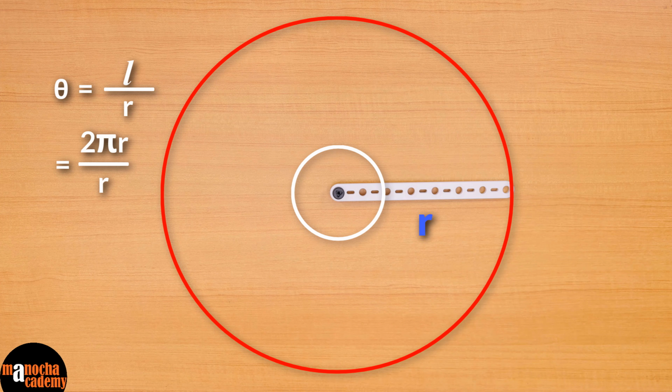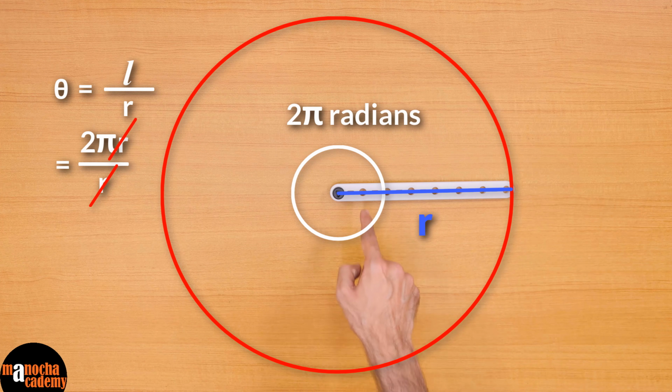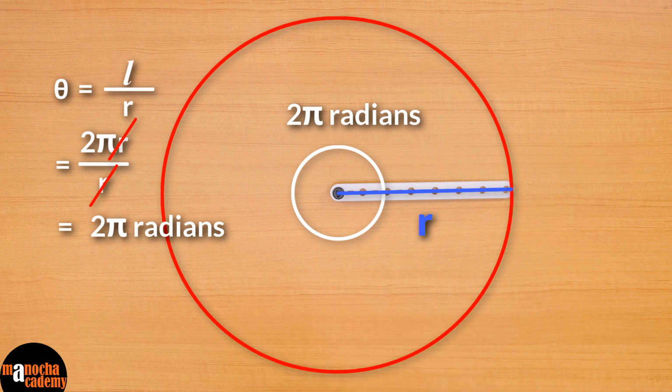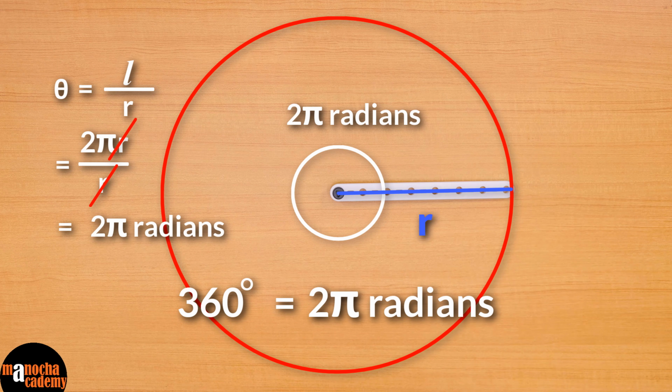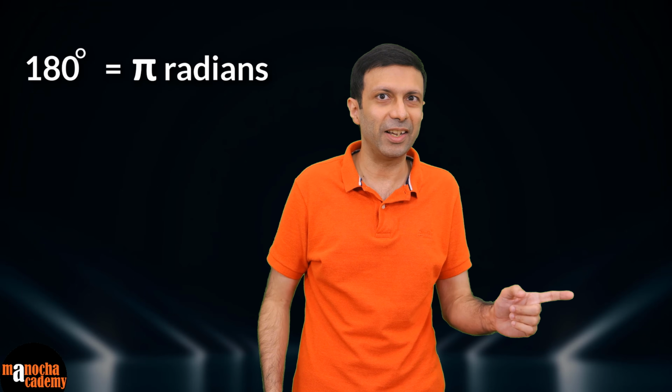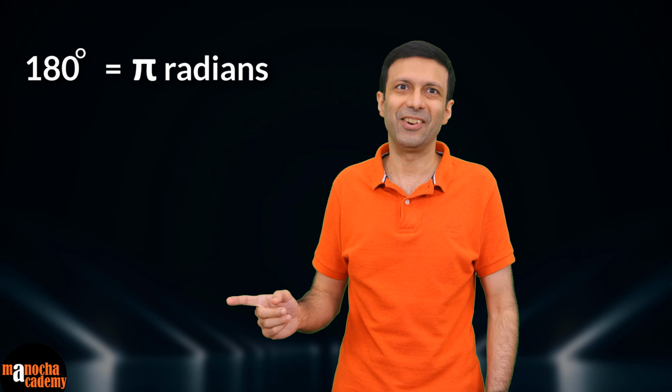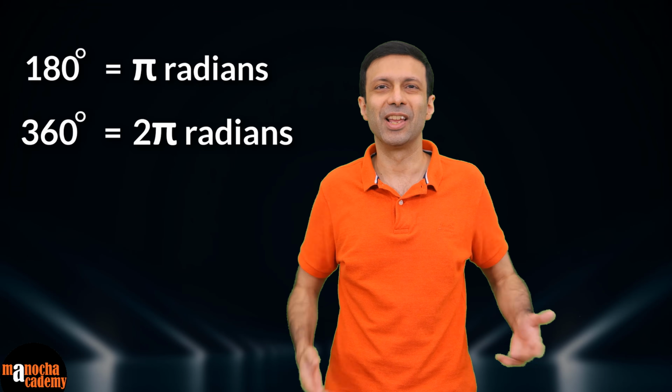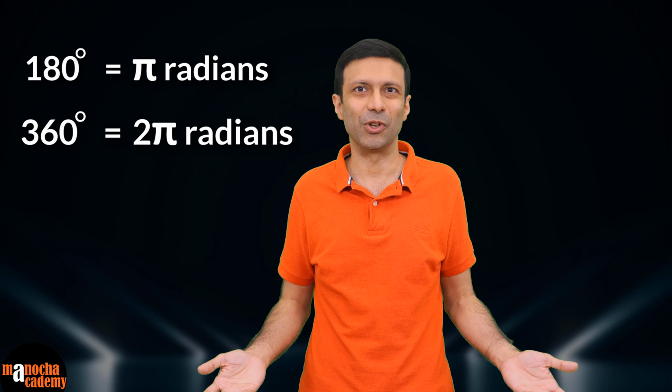And when you divide it by the radius r, the r will get cancelled. So the angle is 2 pi radians. So the conversion is 360 degrees is equal to 2 pi radians. So you can remember the conversion as 180 degrees equal to pi radians or 360 degrees equal to 2 pi radians, whichever one is convenient for you.